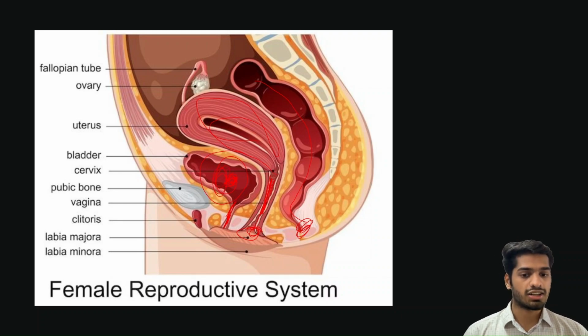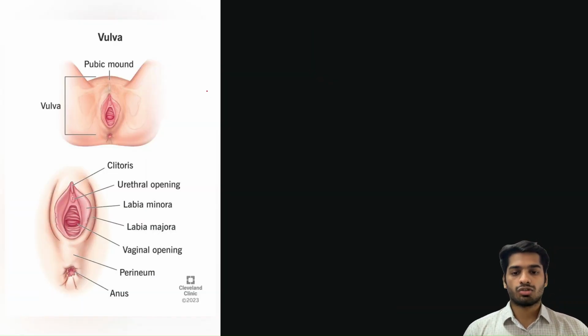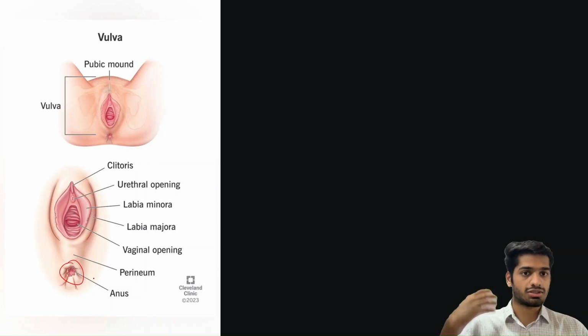So this is the excretory system, this is the reproductive system, and this is your digestive system. I hope you guys have an idea about the orientation of the female body. Now we are going to talk about this region, that is the vulva. So this is the vulva. As we all know, the most posterior structure, the one behind, is the anal opening.